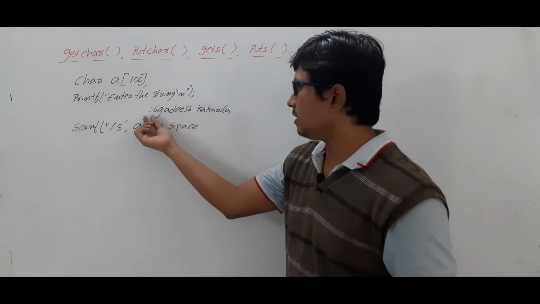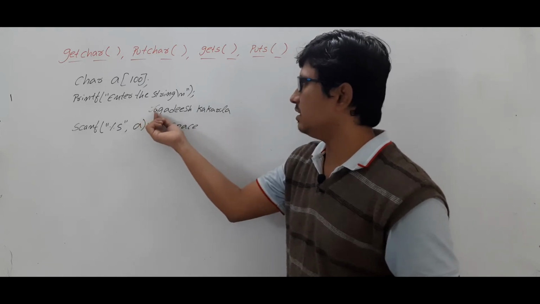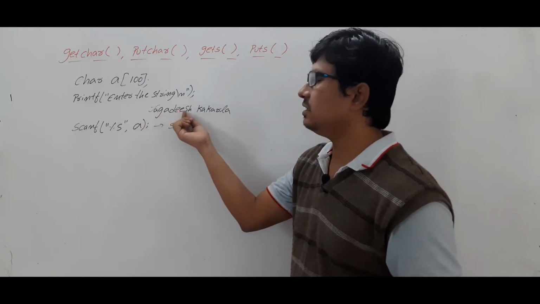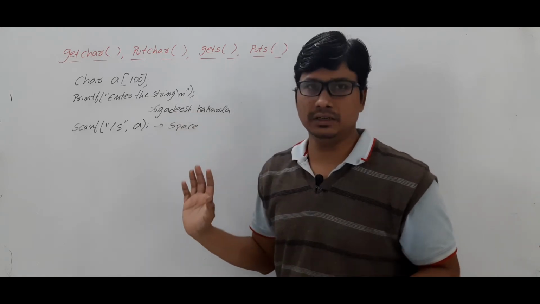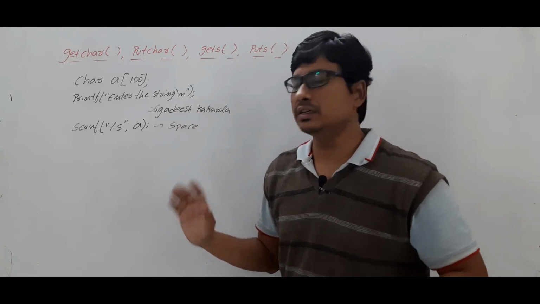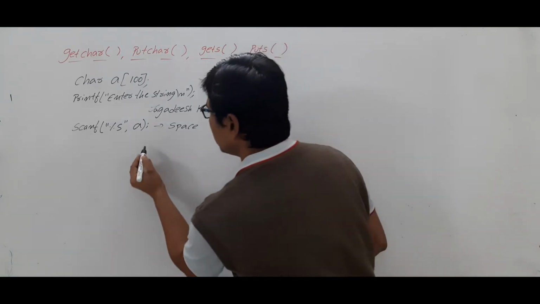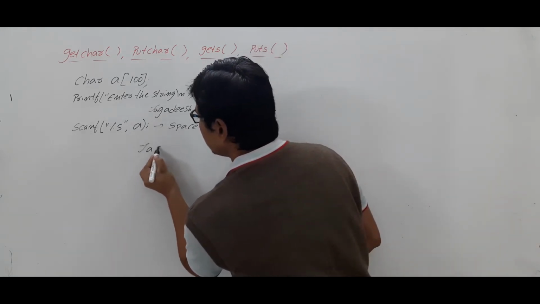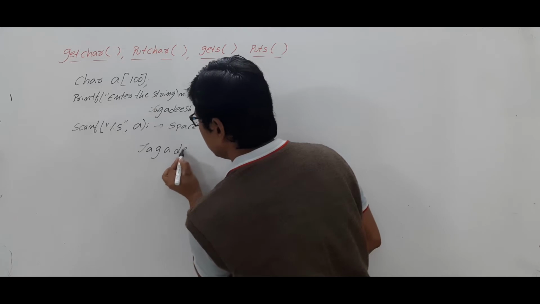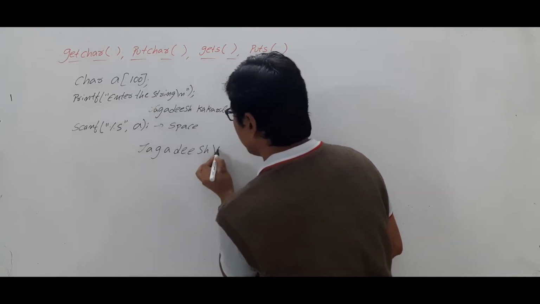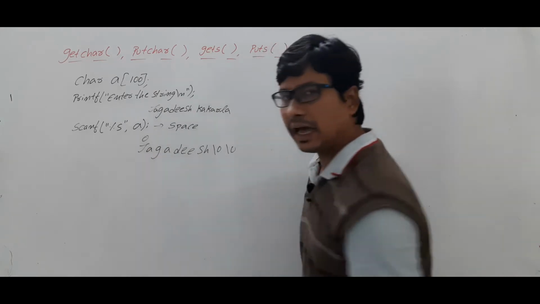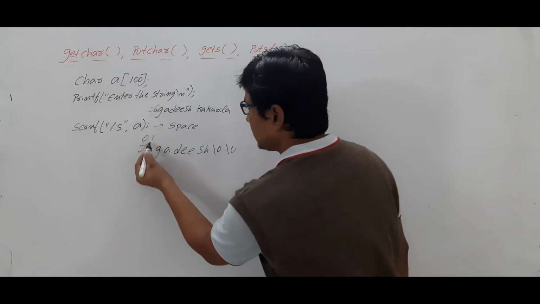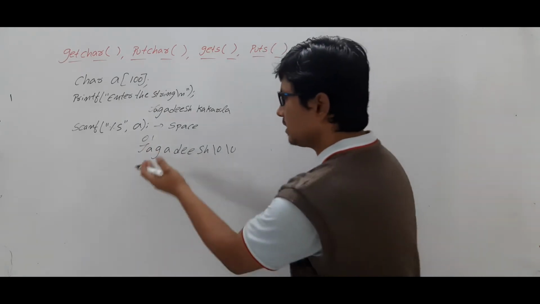First it will read J, A, G, A, D, I, S, H, and once the space occurs, it will stop reading. So in the array A, it will save Jagadish, and after that it will store \0, because at index 0 the character J will be stored, at index 1 the character A will be stored, like that.